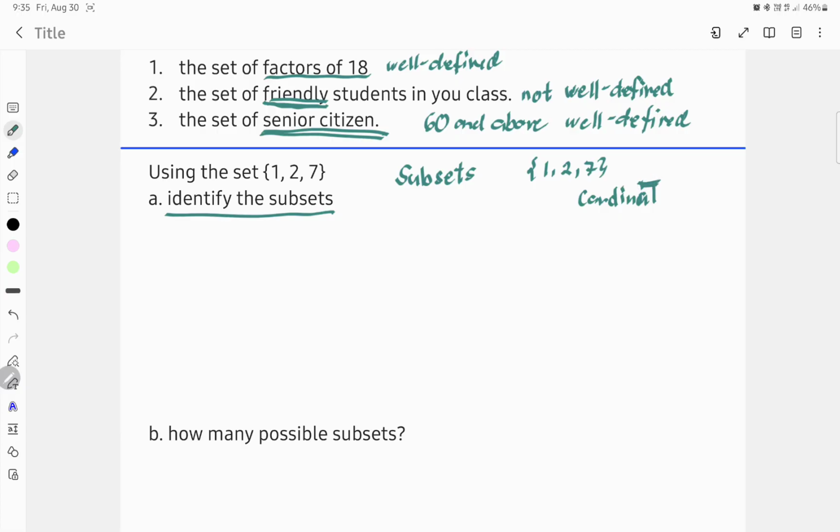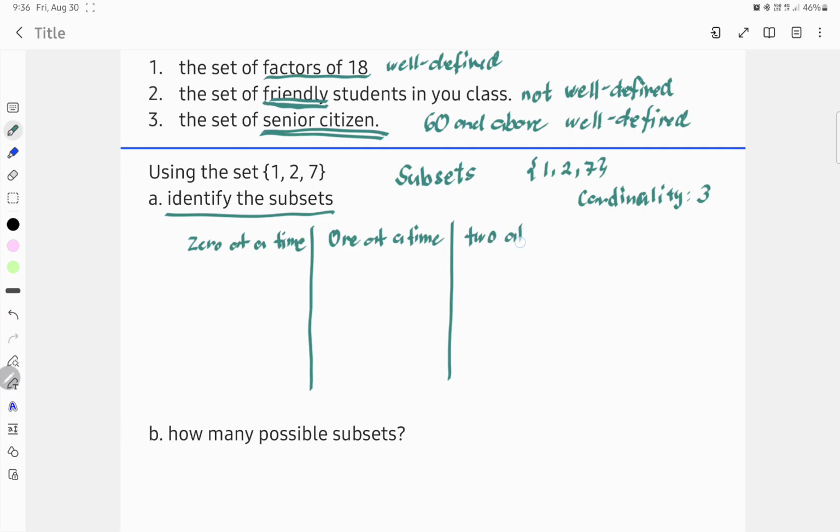Now, we can define this in 4 sections: 0 at a time, 1 at a time, 2 elements at a time, and the last one, which is the maximum number, 3 at a time.